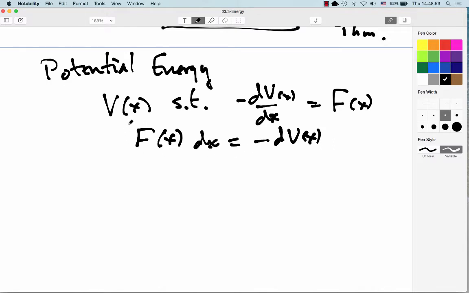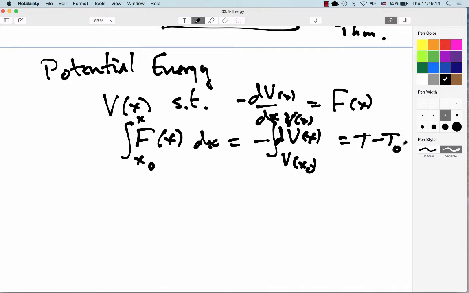So all right, if we integrate both sides, this goes x naught to x. This will go V of x naught to V of x. Sorry about the clutter there. And we know from before that that has to equal T minus T naught from the work energy theorem.